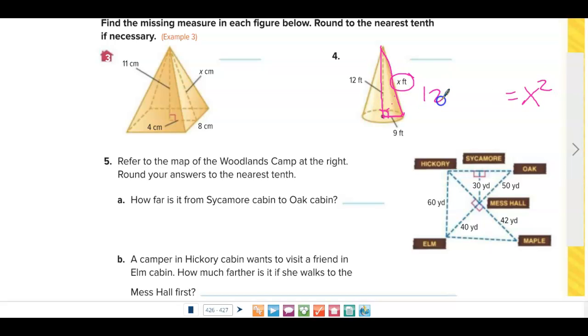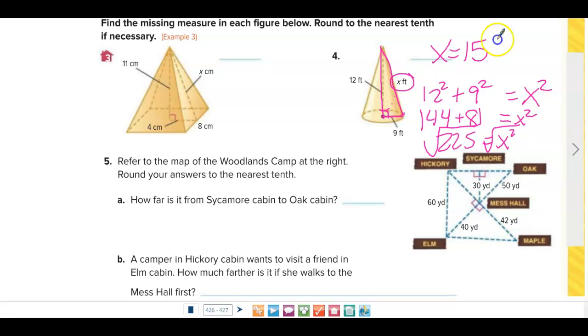So 12 squared plus 9 squared should give me that. 12 squared is 144 plus 81 would give me x squared. 144 plus 81 is 225. And again, to get rid of that square, I take the square root. So x equals 15 feet.